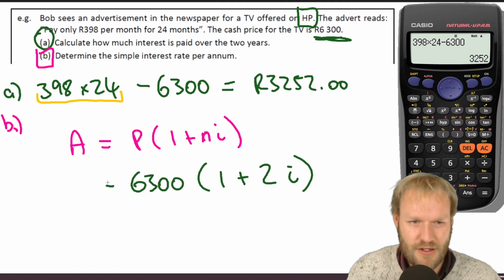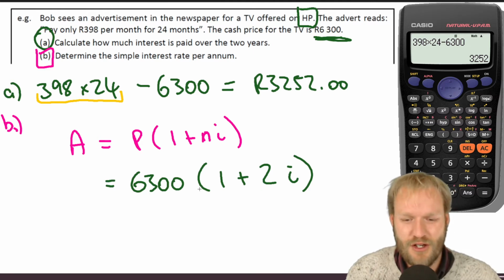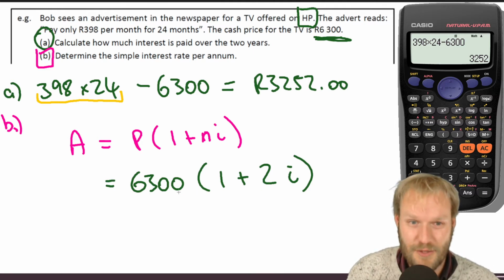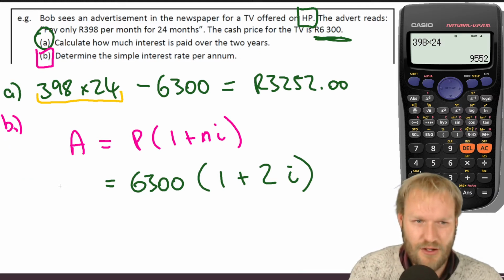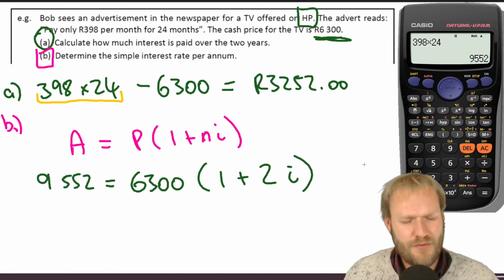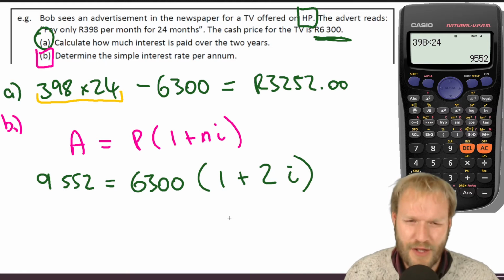So 6,300 Rand is what the TV cost at the beginning, and it ended up costing 398 times 24. So it's like the TV accumulated to 9,552. Maybe just take a pause and think about that.